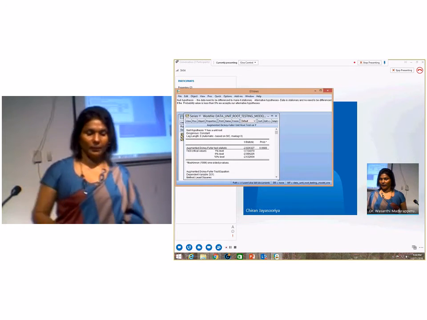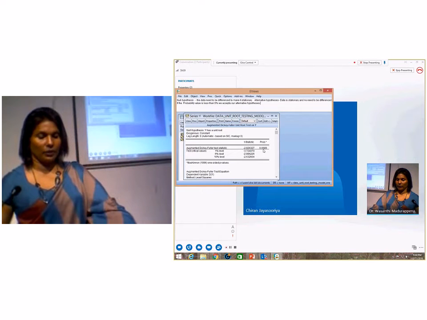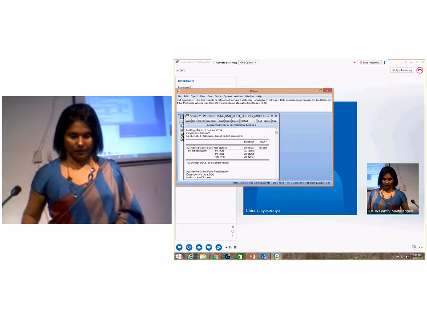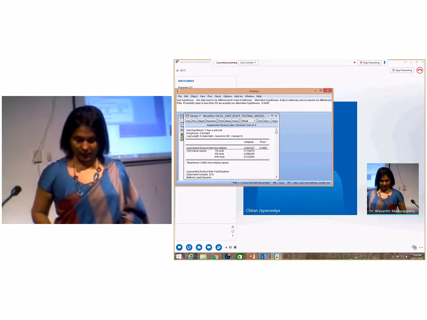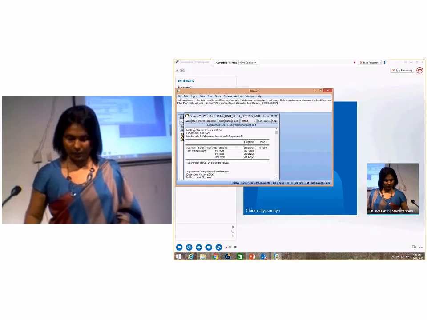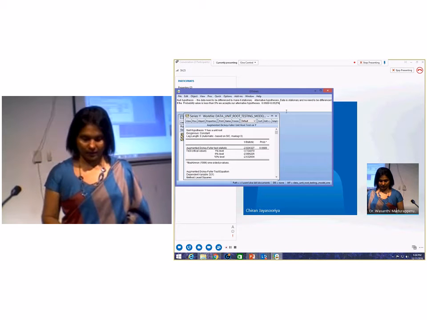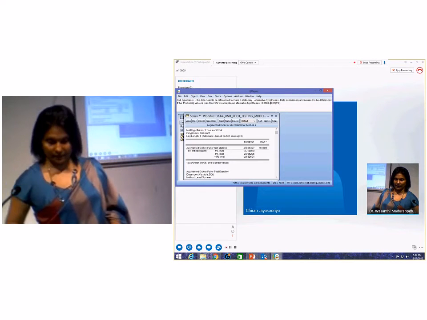So here the probability value is 0.069. Is it less than 0.05, meaning 5%? Right? Not less than, it is greater than.